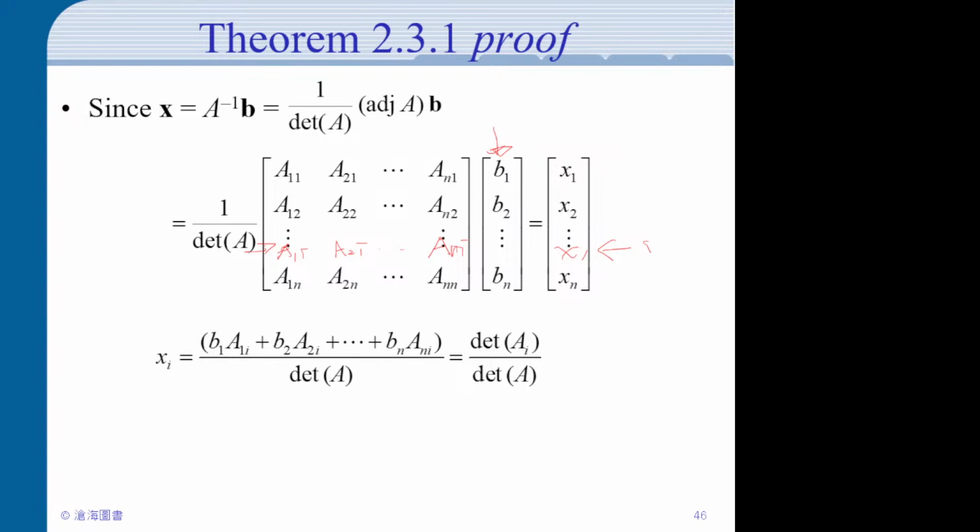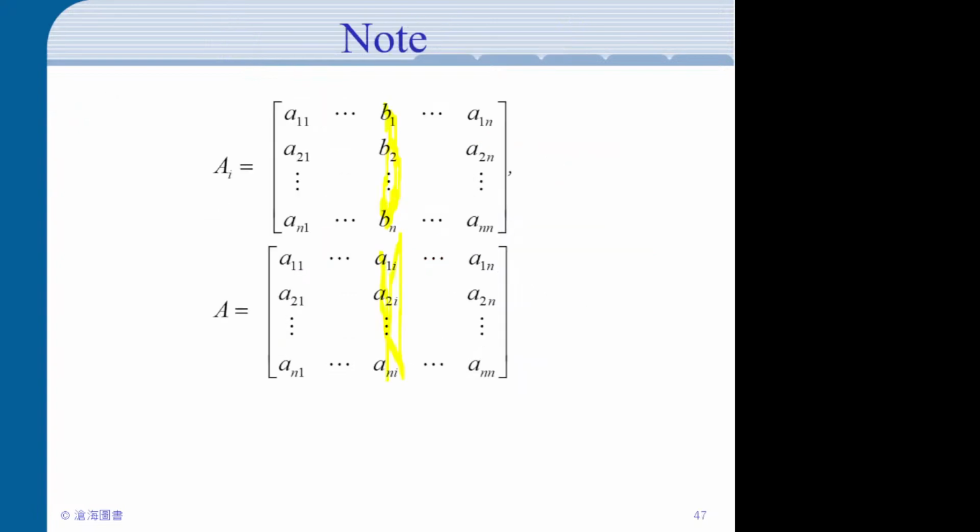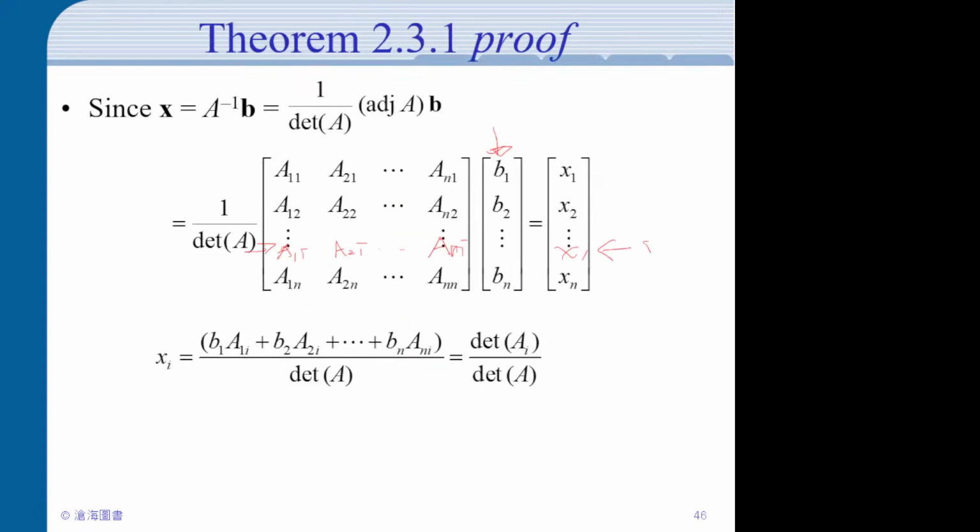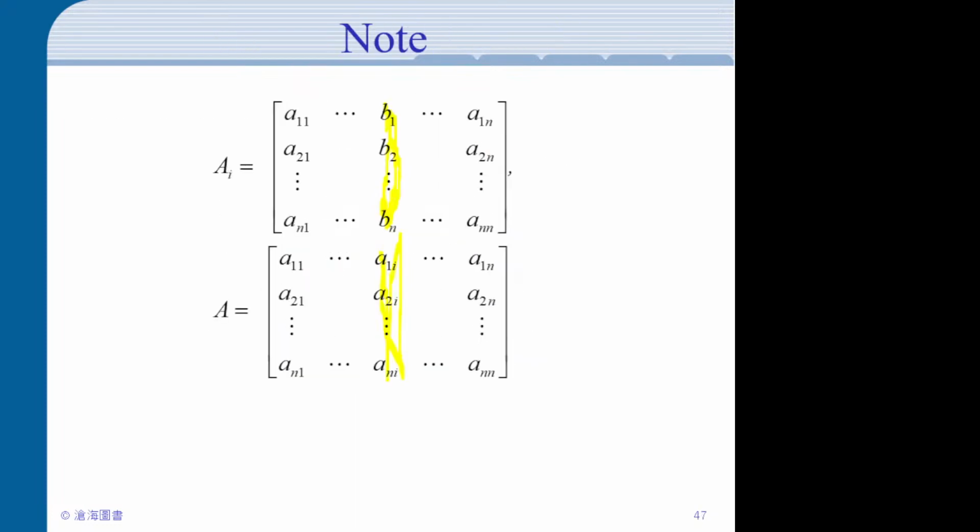Now we go to the next page, and we rewrite this thing. So we have the upper thing is B1 times A1i plus B2 times A2i plus all the way to Bn times ANi, right?